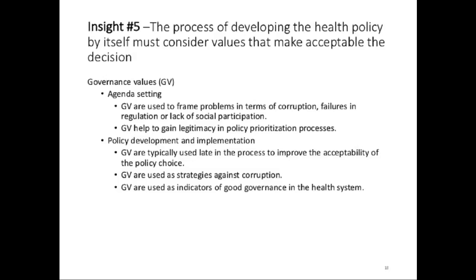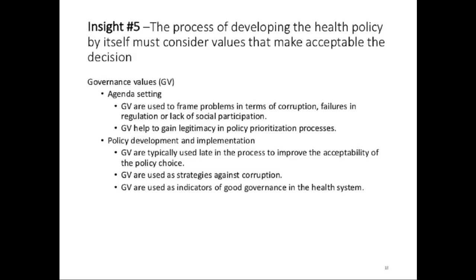Governance values in the agenda setting are used to frame problems in terms of corruption, which was very important in Latin America, and failures in regulation or in governance or lack of social participation. So these governance values can bring something to the agenda because they are framed in this way.